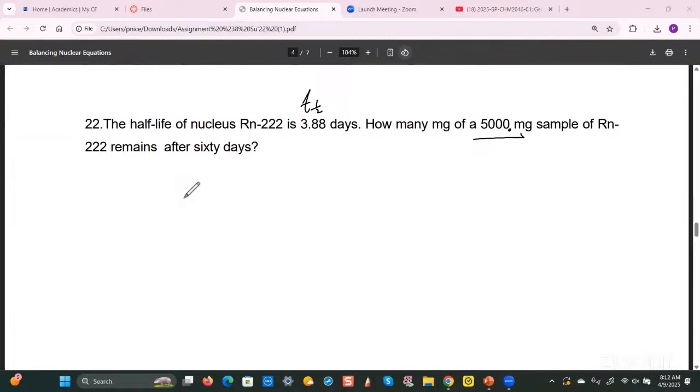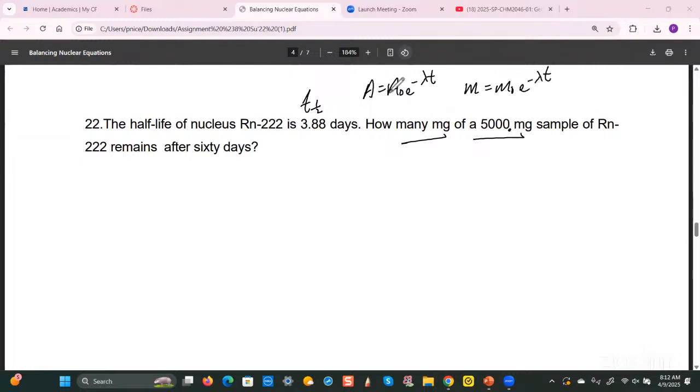Okay, so it's the same equation or a similar form of the equation, but you'll notice that they did not give the activity as in the previous question. They gave you the mass, right? The mass is proportional to the activity. The greater the mass, the greater the activity. It's a literal linear relationship. So where we have A is equal to A0 e to the minus lambda t, we can rewrite that as M is equal to M0 e to the minus lambda t.